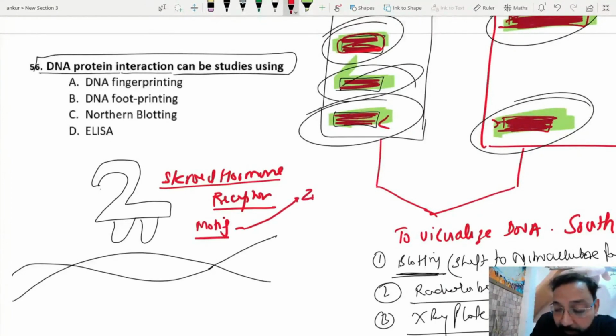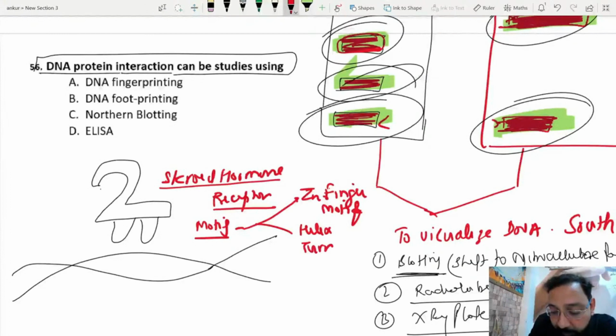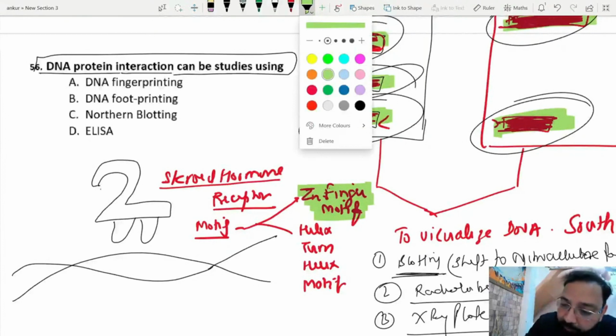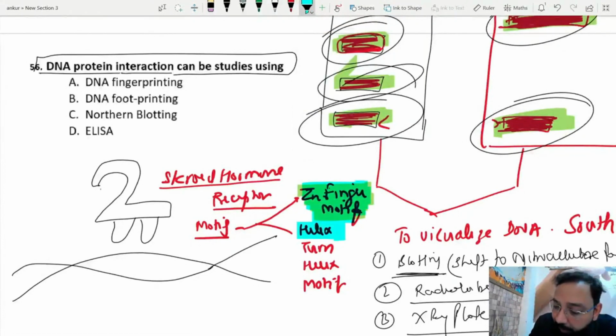Motif may be zinc finger motif, helix turn helix motif.